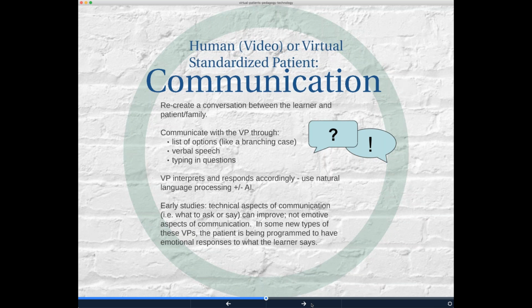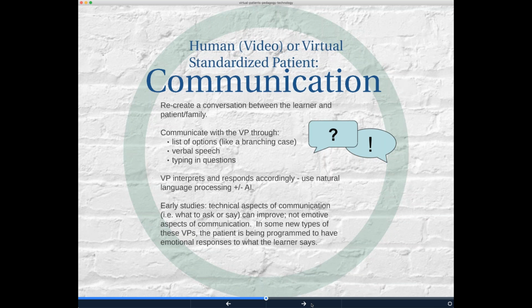But the true interpersonal, the emotive aspects of communication, demonstrations of empathy and active listening and compassion, are certainly more challenging. At least from the evidence I've seen, it's not clear whether this type of virtual patient can really impact that learner's emotive quality of their communication.